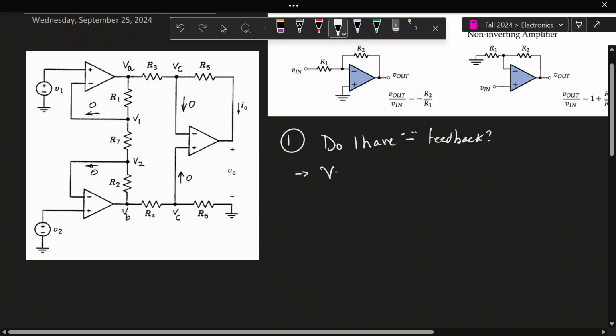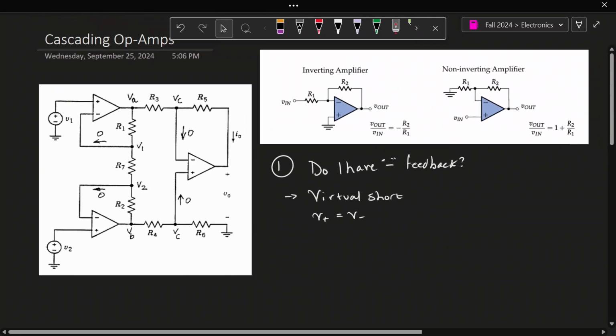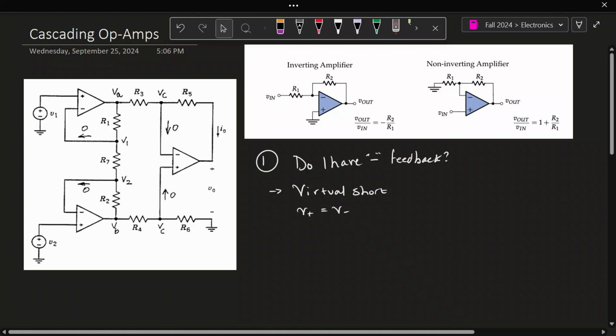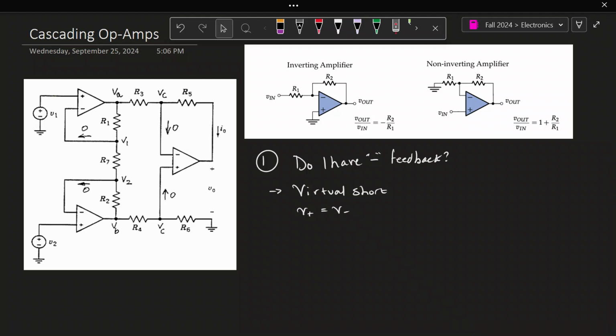Well, for one, that means you have a virtual short at the inputs of the op amp. That means V plus is equal to V minus. I know in the previous op amp video I made, I said always for these ideal op amps we have V plus is equal to V minus, but this happens when you have negative feedback.